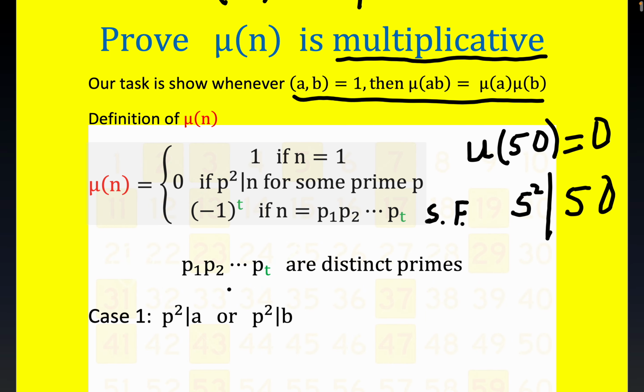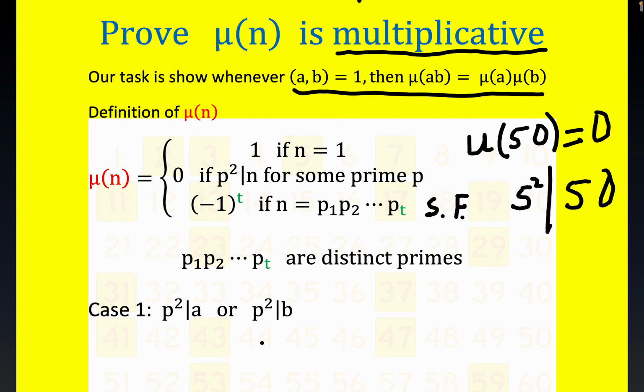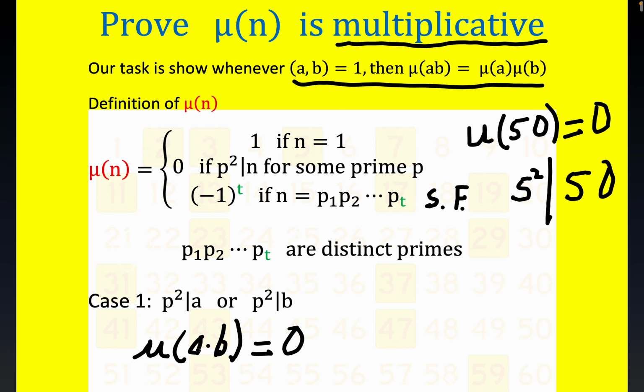Case 1 is the simplest. If either of the inputs is divisible by some prime squared, you know right off that mu at AB is equal to 0, because one or both of the factors is divisible by a prime squared.